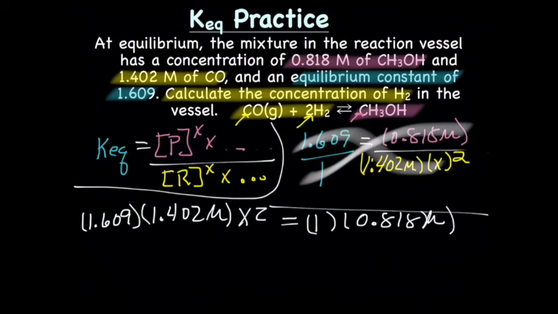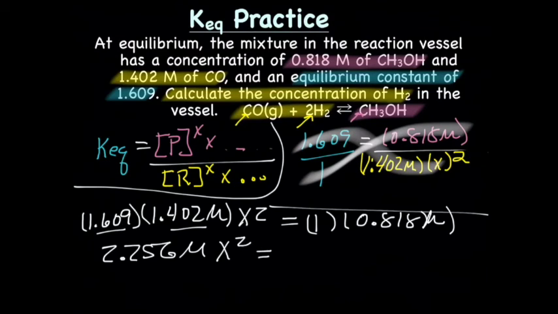Okay, let's stick some stuff in our calculator. Okay, and so on the left side, I got 2.256, and that's 4 sig figs because we have 4 here.